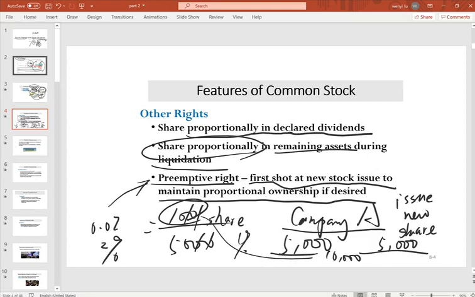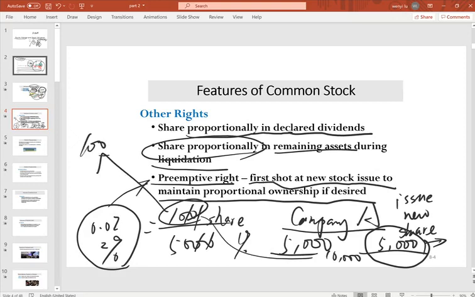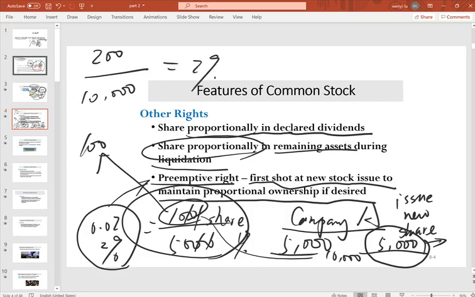So how can you still maintain the same ownership? When company A issues more shares into the market, they will automatically give you the same proportional shares based on your previous holding. So you get another 100 shares, for a total of 200 shares. Divided by the total 10,000 shares, your ownership will still be 2% in this company.